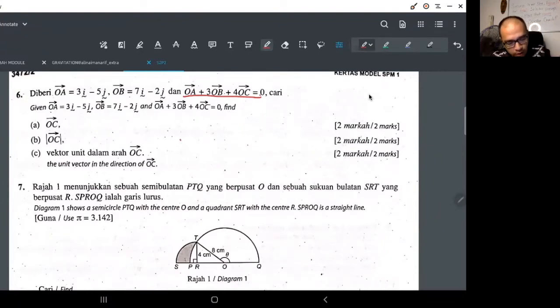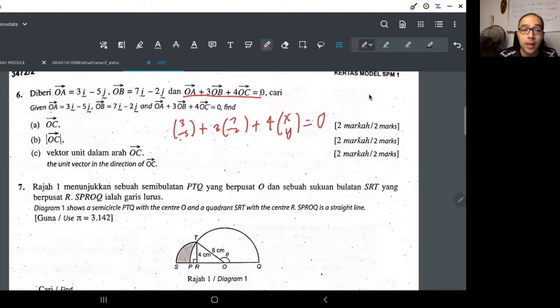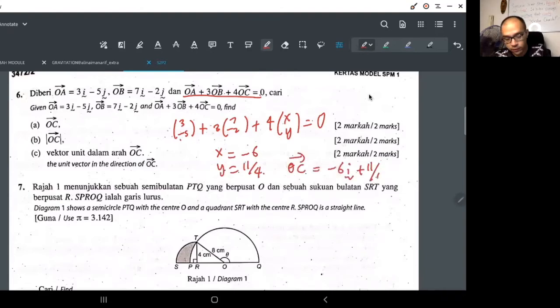So OA is 3 minus 5 plus 3 times 7 minus 2 plus 4xy equals to 0. When you pindah, you should be able to get x equals to -6 and y equals to 11 over 4. So OC will be equals to -6i plus 11 over 4j.